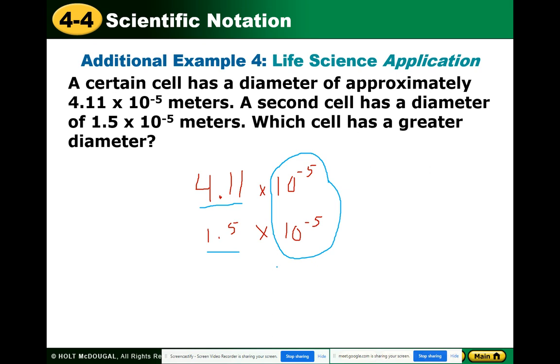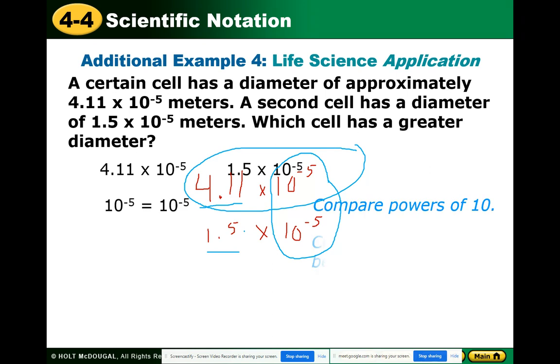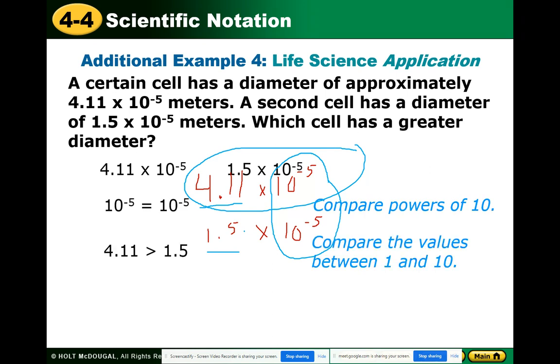Which one's bigger, Bruce? All right. So, which is the greater diameter? If the exponents are the same, the bigger number has the greater diameter. All right. Now we compared the powers, so then you look. 4.11 is the greater one.